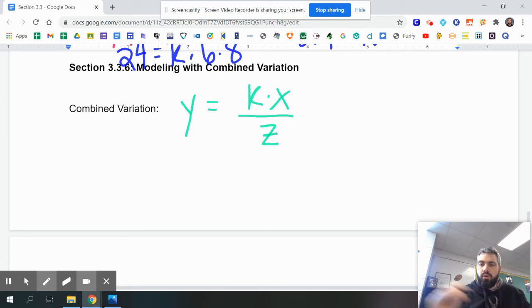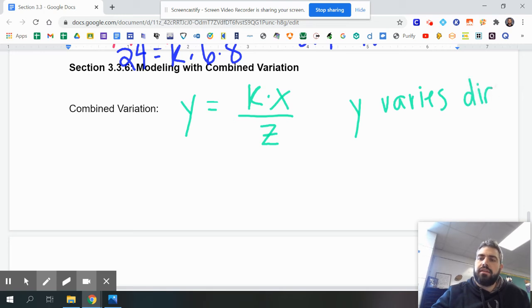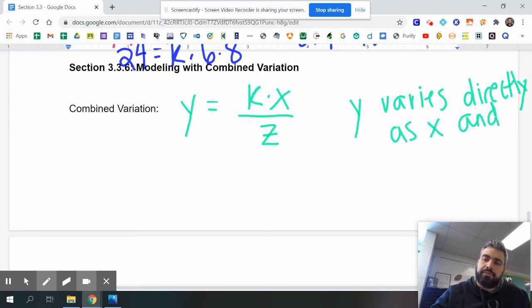Now, how would we read it? Okay, this is important. So I'm going to write this down. Okay, it says this: y varies directly as x and inversely as z.